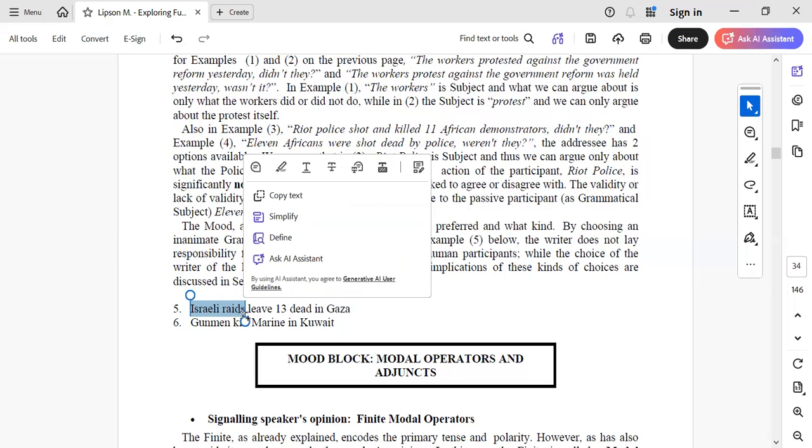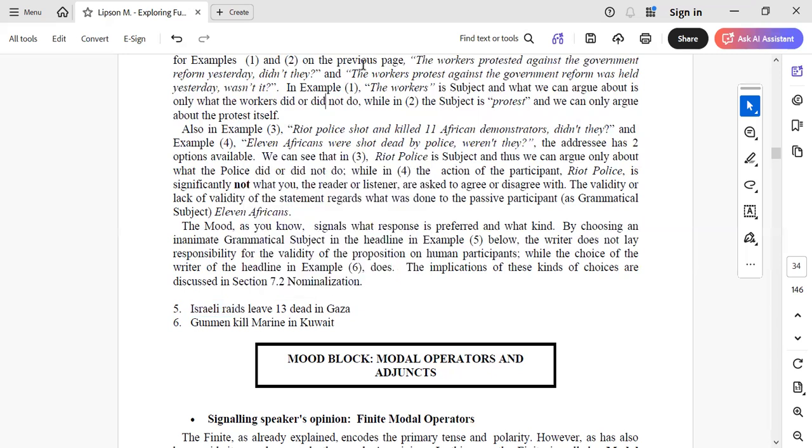When we say Israeli raid, are we talking about raid, or about human beings, or a particular raid? I'm waiting for your response. Sir, particular raids. Particular raids, right? Okay, so it's inanimate, right?